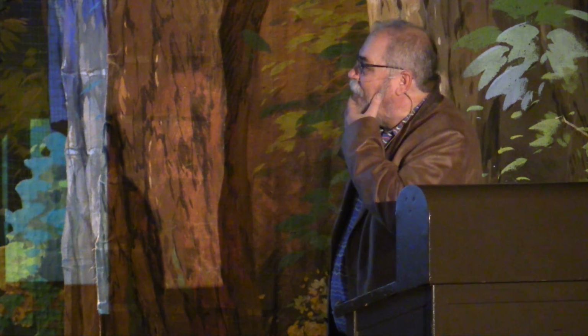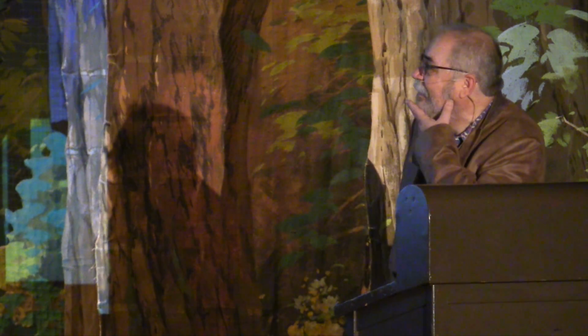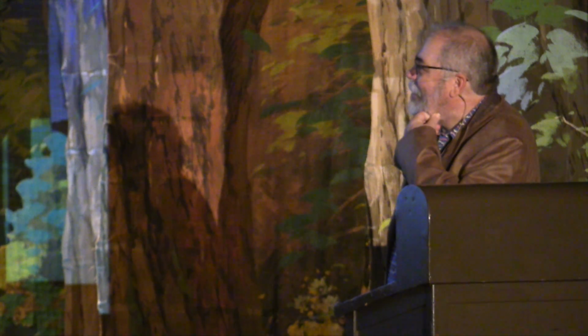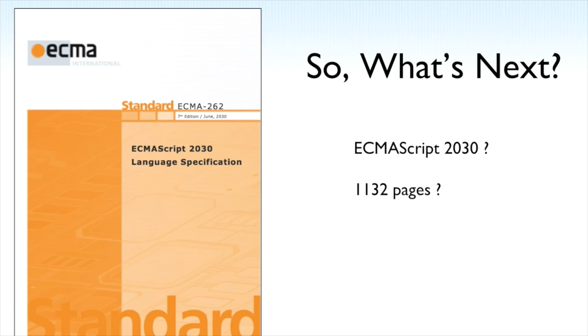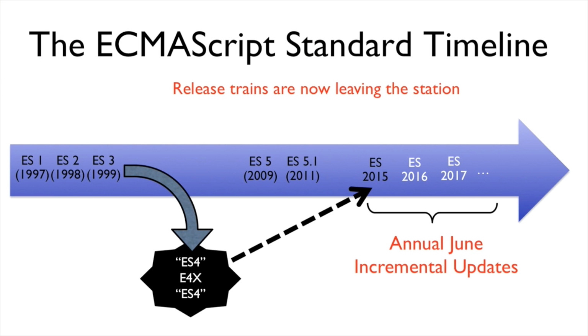So what's next? What's the next step in ECMAScript evolution? If you followed history, you might say, well, 15 years from now, maybe we'll have the 7th edition, ECMAScript 2030, and it would probably be about 1,100 or 1,200 pages, and between now and then, it's hard to say what would happen, but it would probably be kind of ugly. So as we were developing ECMAScript 2015, it was clear that we needed to change how ECMAScript was developed.